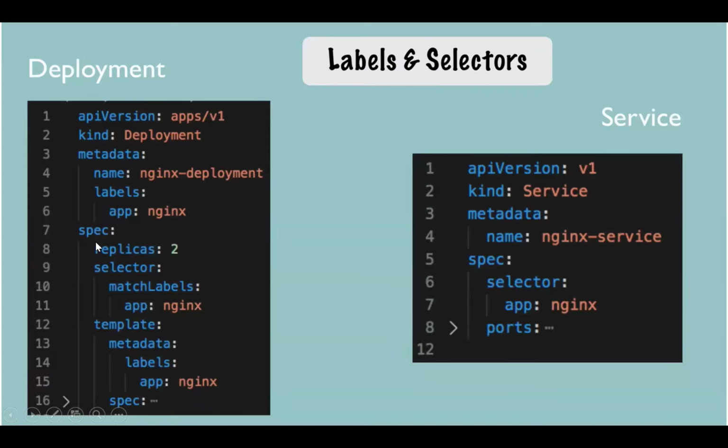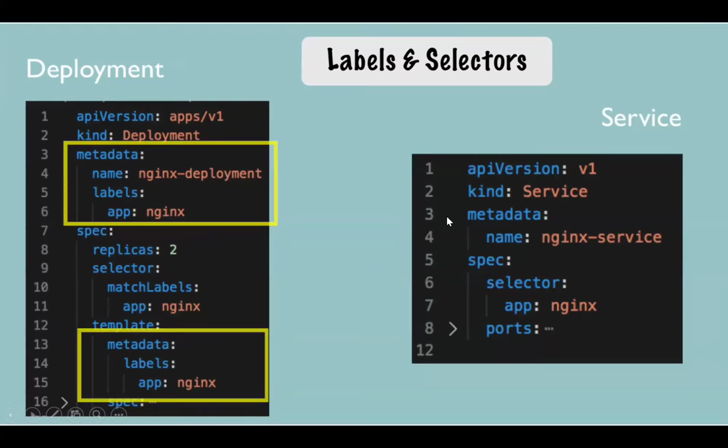Spec, selector, metadata. Selector is also available over here. And this selector, since service and deployment are connected with each other. So this is what I just said before, that the metadata of the pod, having the label name as nginx, should match with the label name of your template. And this match label nginx will match these two along with the service one.